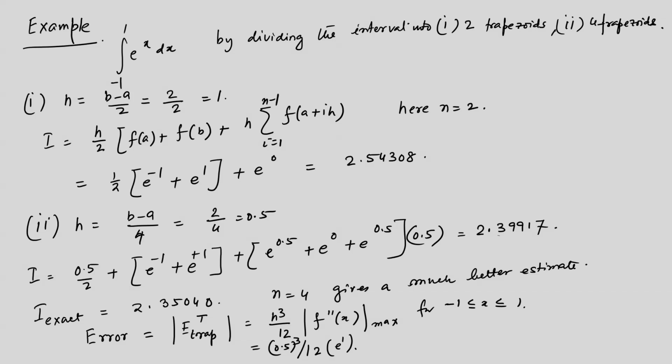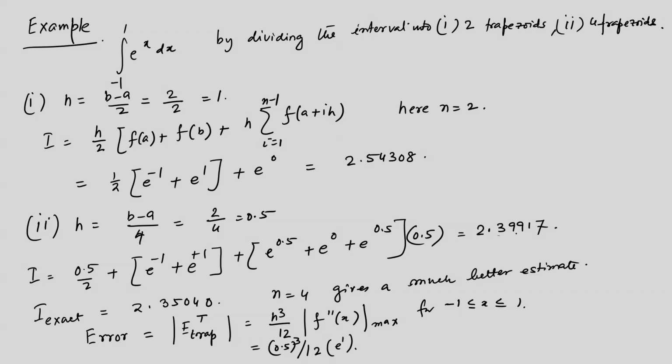You will see that the error from the exact value using the 4 interval value comes out to be pretty close. So, you can calculate the error from I exact minus I trap using 4 intervals.